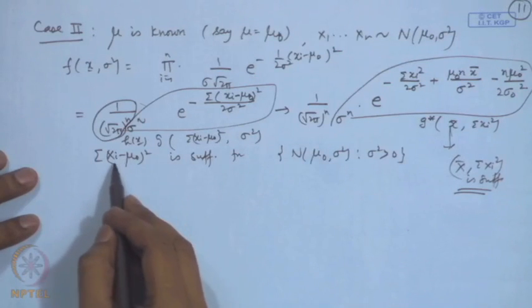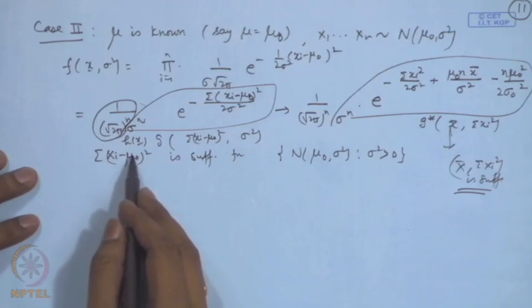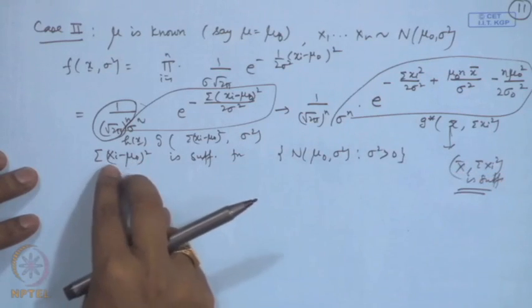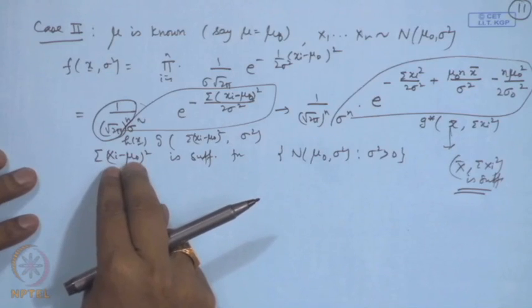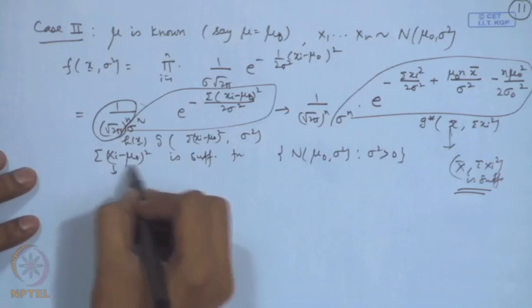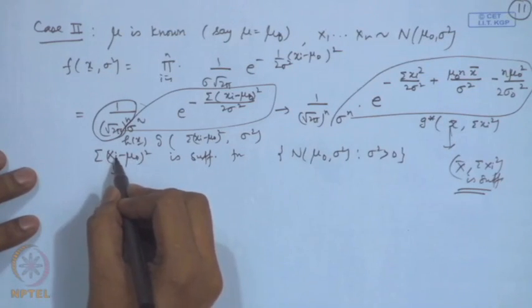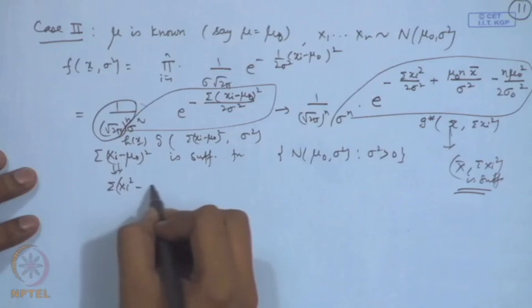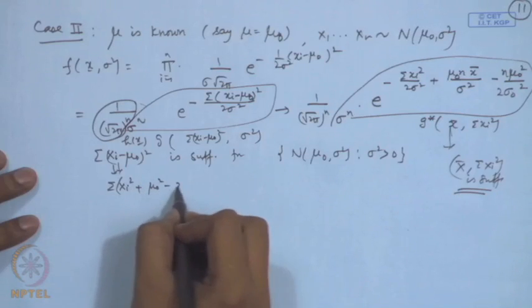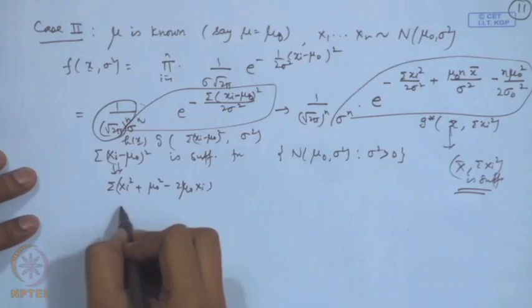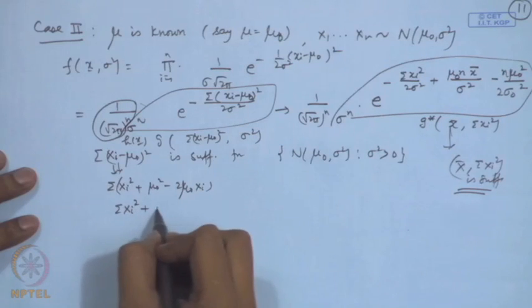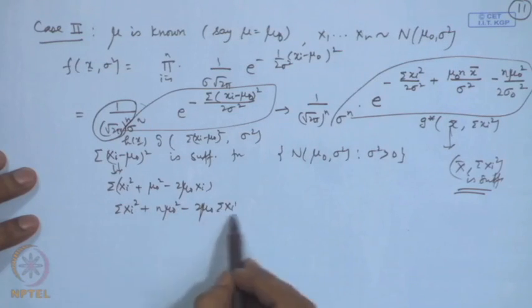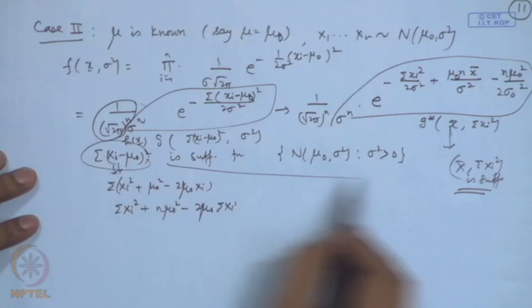But if you see this one, this is a larger reduction than this, because here the sufficient statistic is 2 dimensional. Here you have the sufficient statistic as 1 dimensional, and of course, you can see that this itself is a function of sigma x I and sigma x I square, because if I expand this I get sigma x I square plus mu naught square minus 2 mu naught x I. So, this is equal to sigma x I square plus n mu naught square minus 2 mu naught sigma x I. So, this is actually a function of this.